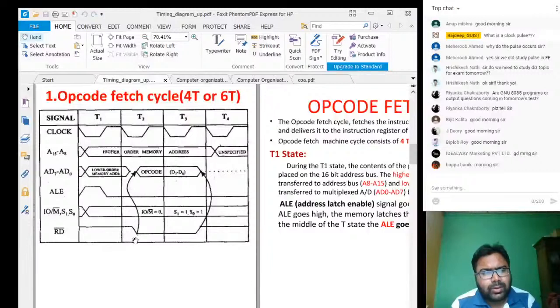Whenever this RD complement signal, meaning read, is set to 0, at that time the opcode, which is stored somewhere in memory, gets loaded onto the multiplexed bus AD0 to AD7. After this it is set to 1 again, and we have completed the opcode fetch cycle.